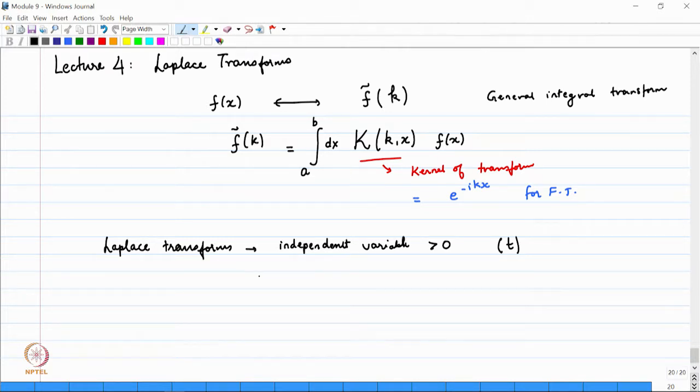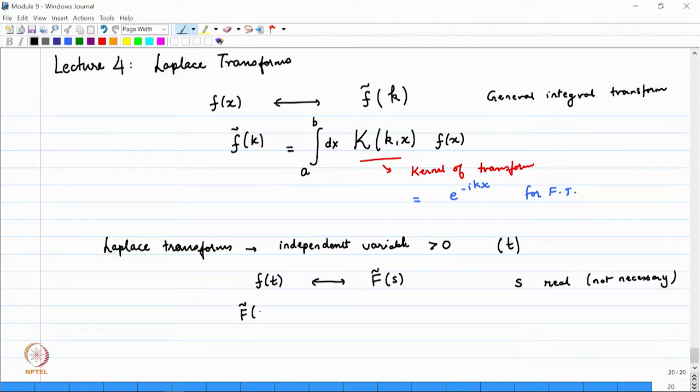So your function is f of t, and your Laplace transform function I will write as capital F tilde of s. This is a function of s, the new variable. s can be real or complex, but we choose it to be real for convenience. This is not necessary, but it will make some of the discussions a little easier.